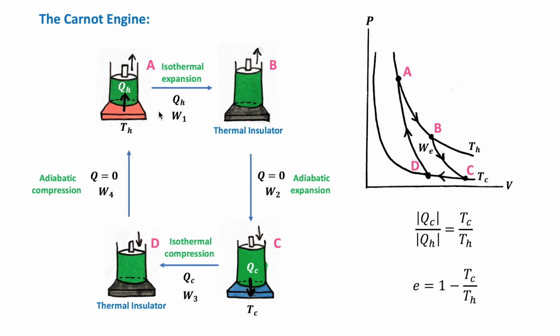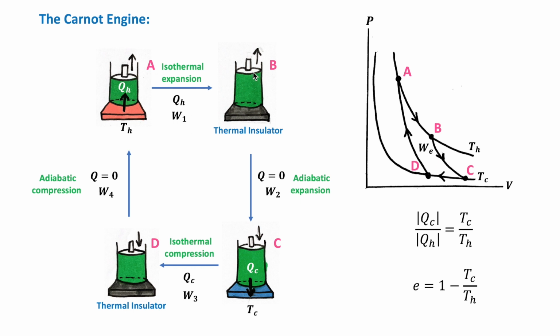Since it's isothermal, the cylinder is in contact with the heat reservoir, so as it expands it absorbs heat QH from the reservoir to maintain its temperature at TH. That is the isothermal expansion, and the work that the gas does on the piston is W1.